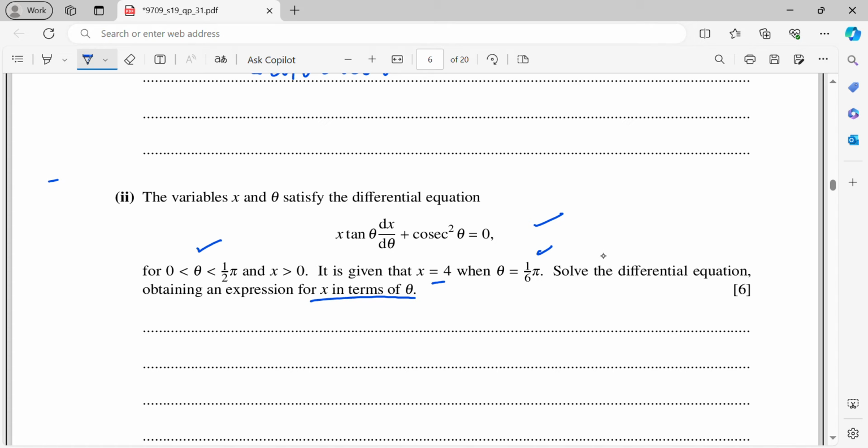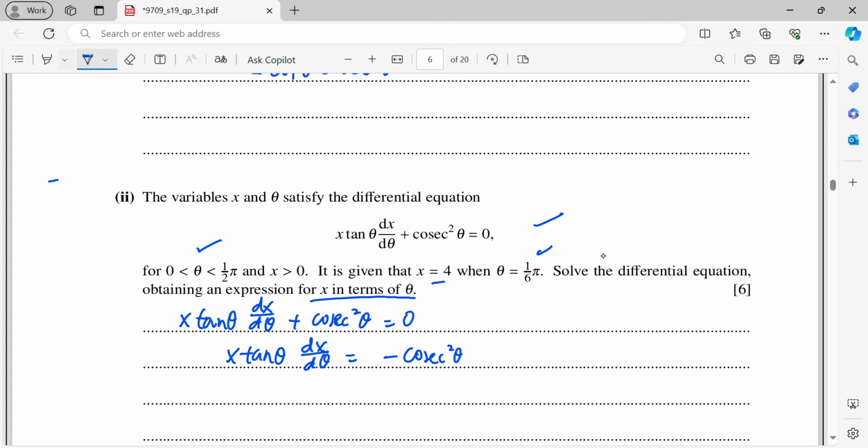So I will rewrite the question first. x tan theta dx over d theta plus cosec squared theta equals 0. To solve this differential equation, we need to separate the variables. Which means x tan theta dx over d theta equals negative cosec squared theta.